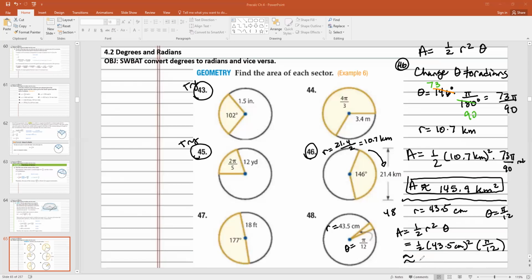And there, if you use a calculator, you get 247.7 centimeters squared. And that, as they say, is that.